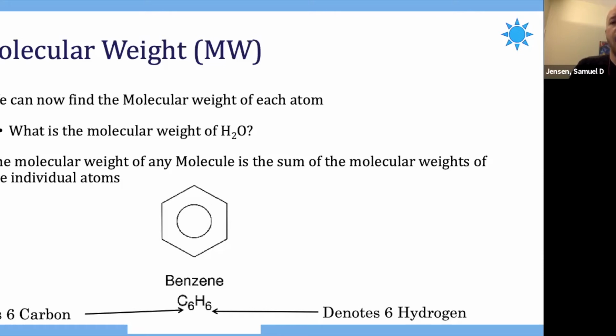You just need to add them together to get the molecular weight for the whole compound. So we just have to multiply, in this case, carbon's molecular weight times the fact there are 6 of them, multiply hydrogen's molecular weight times the fact that there are 6 of them, and then add those together, and you will have the total molecular weight for the molecule benzene.